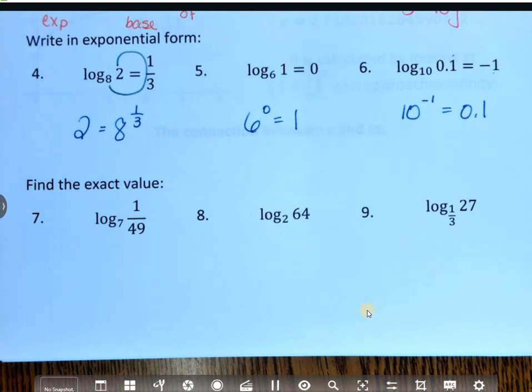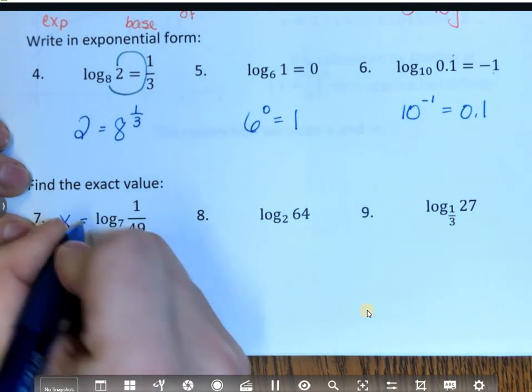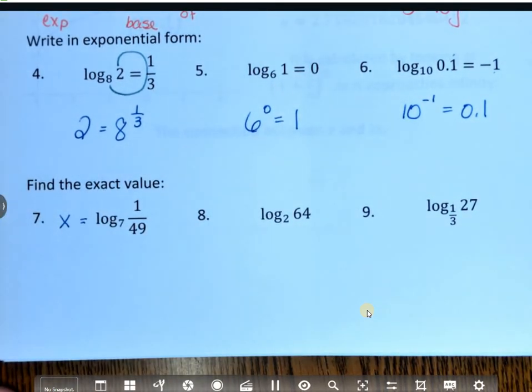But I want to put an equal sign in that. I do happen to know what log base 7 of 1 over 49 is, but I don't expect you to do that yet. I can turn this into an equation and rewrite it as an exponent, and that might make our lives easier.